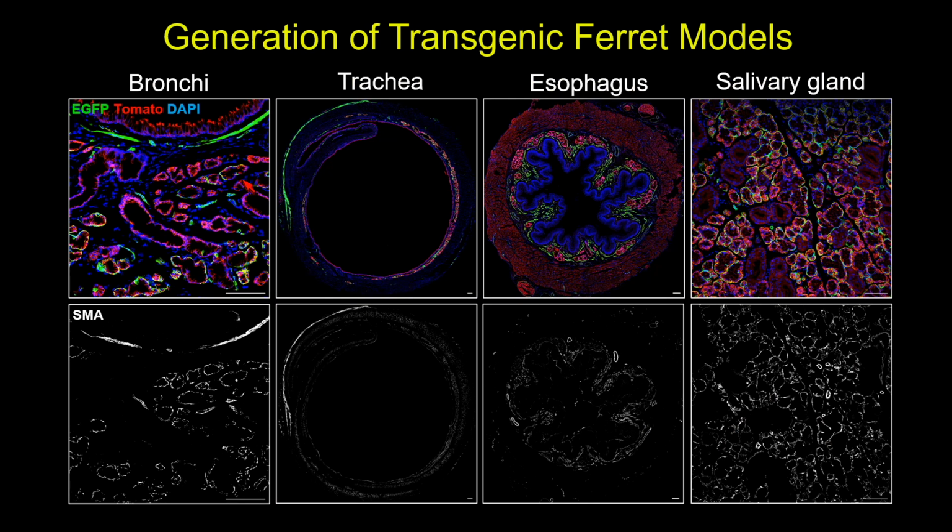In the ACTA2 lineage ferret, after tamoxifen induction, we observed GFP-labeled cells in the bronchial submucosal gland, tracheal submucosal gland, and extrapulmonary glands, including esophagus and salivary glands. They colocalized with the myoepithelial marker smooth muscle actin, also called SMA.